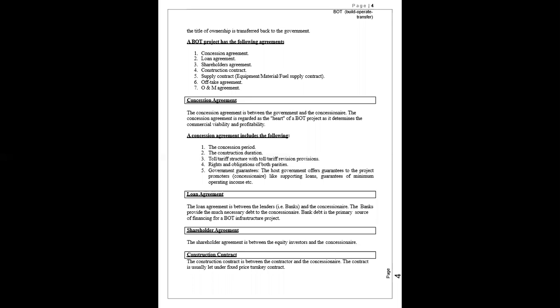Otherwise, if you are told you will have the concession for the next 30 years, but in those 30 years only 2 or 3 goods carriers are passing on that road, that is not a good idea. Then rights and obligations of both parties.